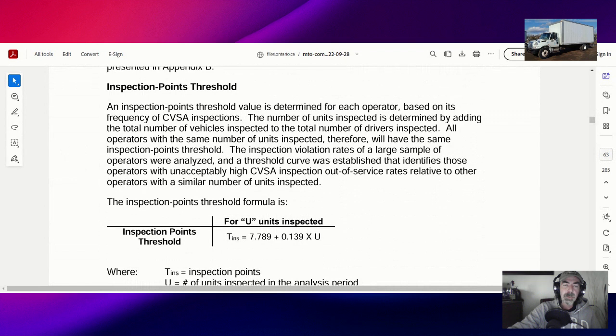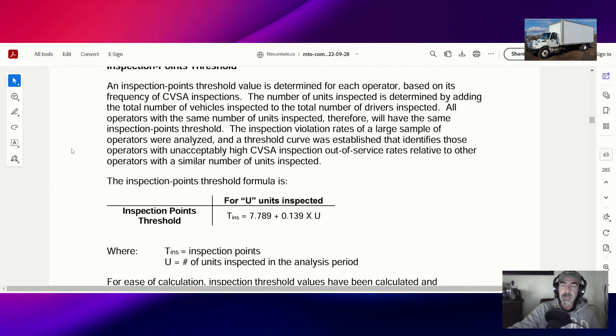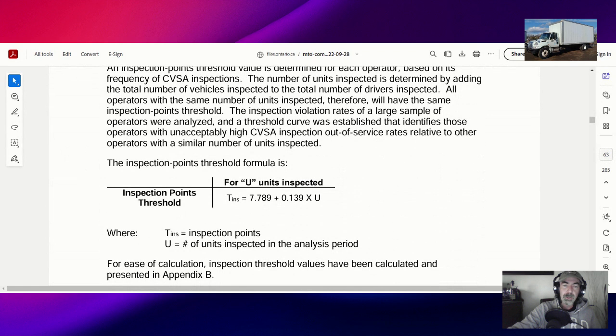Inspection points threshold. An inspection points threshold value is determined for each operator based on its frequency of CVSA inspections. The number of units inspected is determined by adding the total number of vehicles inspected to the total number of drivers inspected. All operators with the same number of units inspected, therefore, will have the same inspection points threshold.